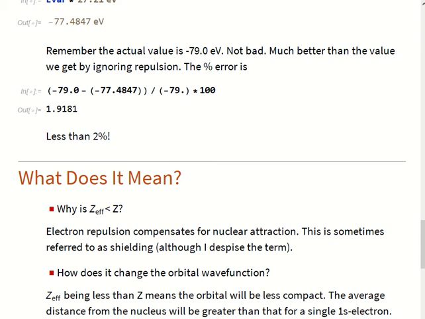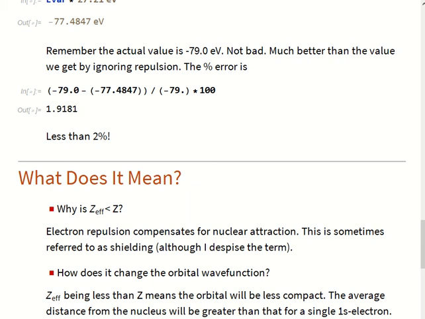By replacing the Z with the Z effective, we're saying that this is somehow going to compensate for this electron repulsion. So Z effective is less than Z simply because electron repulsion tends to mitigate the attractive interaction, the attraction of the electron to the nucleus. As the electrons are repelling each other, it compensates for that.